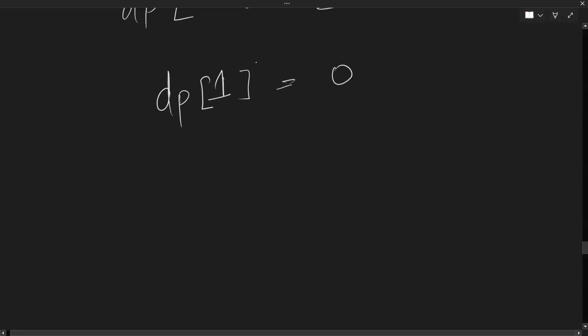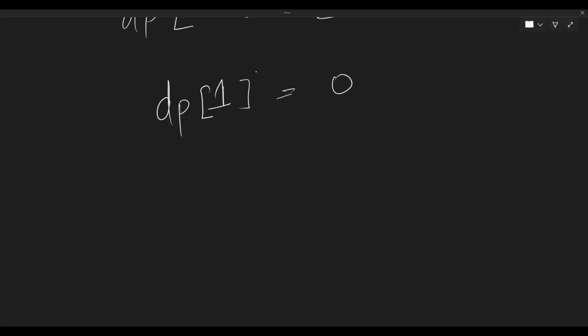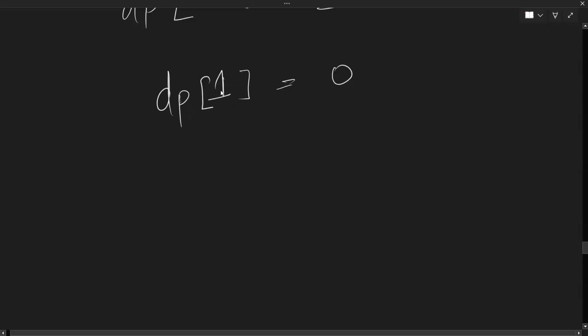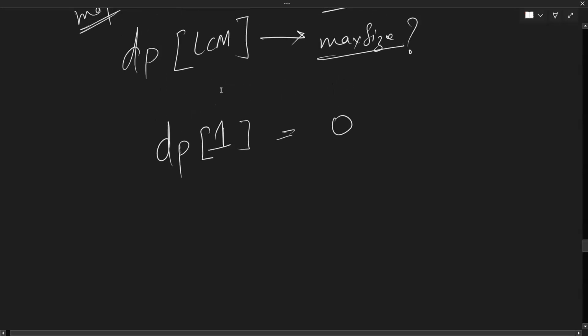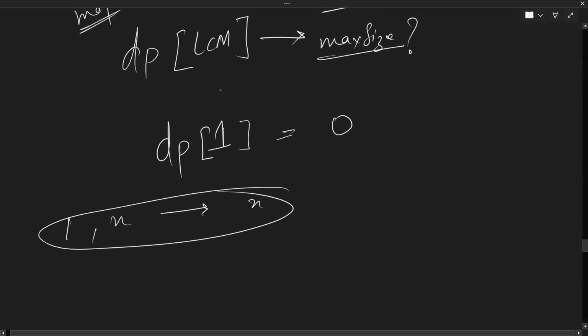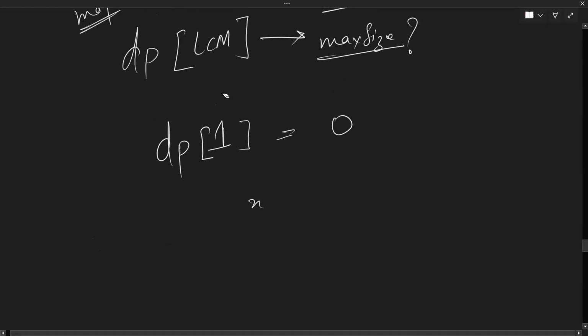Why? Because later on we'll use this LCM. In the problem, it's given that the LCM of size 0 is 0, but this is just my base case that the LCM for size 0 is 1, because the LCM of 1 and any x is x. So that's why I'm using 1, not 0. I'm not sure what the LCM of 0 and something else is in C++ or other languages.